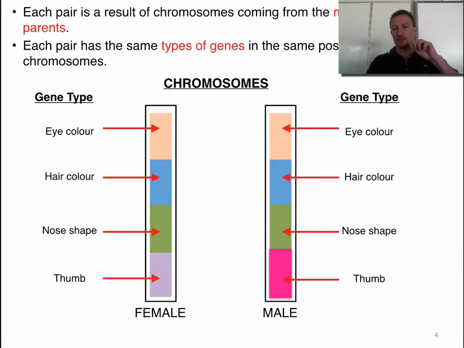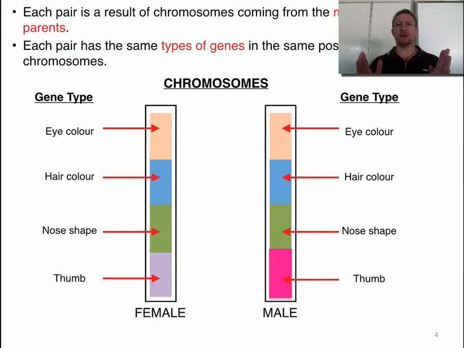So, to recap: chromosomes sit in the cell in pairs, male and female. Different organisms have different numbers of chromosomes. Chromosomes are split into specific bits of information which we call genes, characteristics.